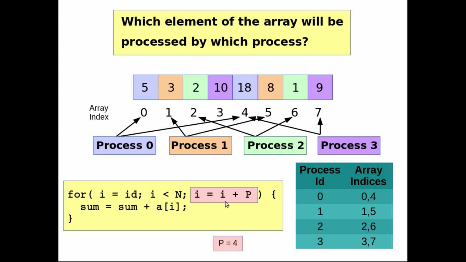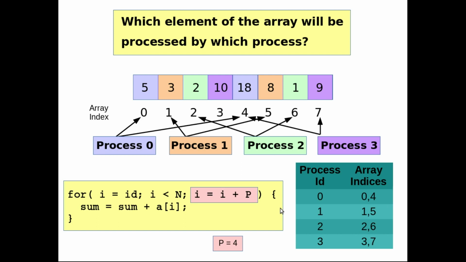The value of p is 4. So 0 plus 4 will give us 4. So process 0 will handle A0, then A4, and if we add 4 to 4 we will get 8. So 0, 4, 8, then 12, 16 and so on.